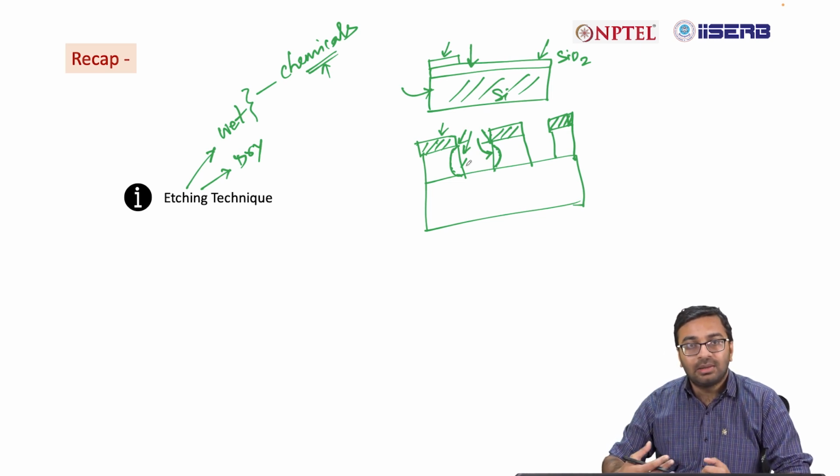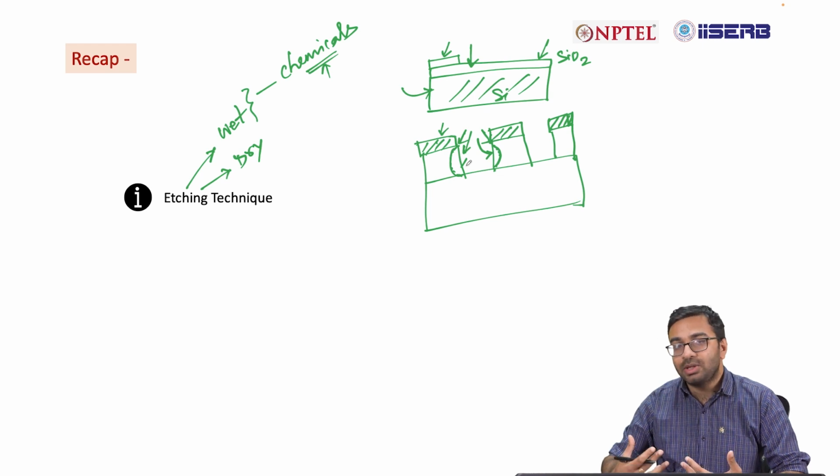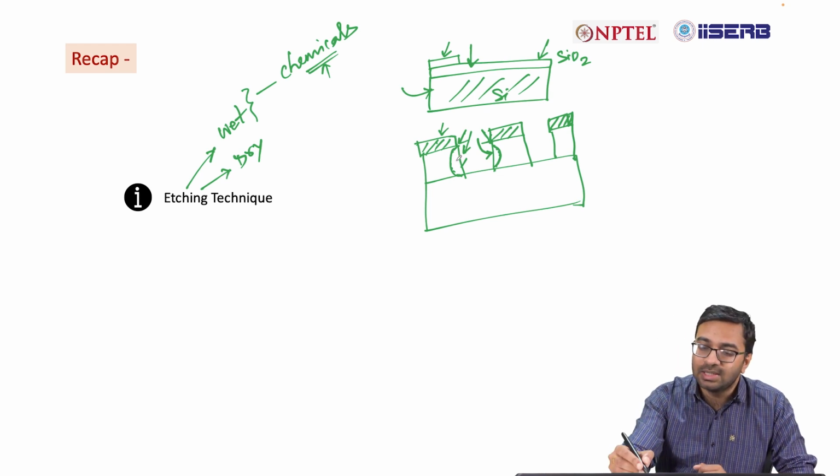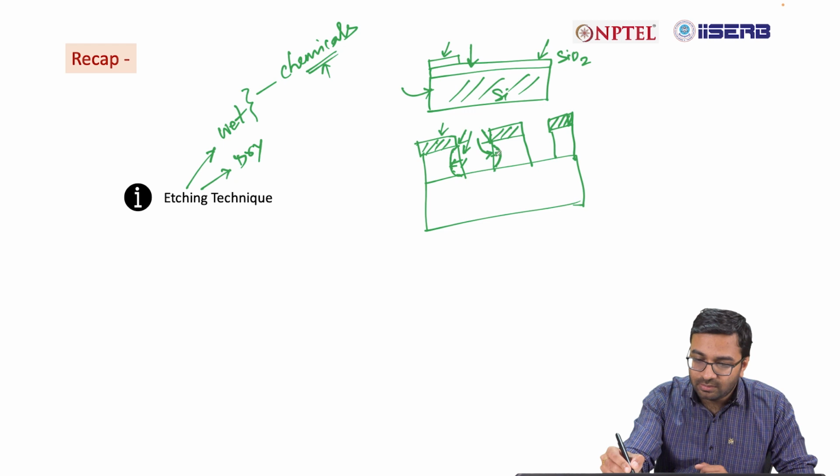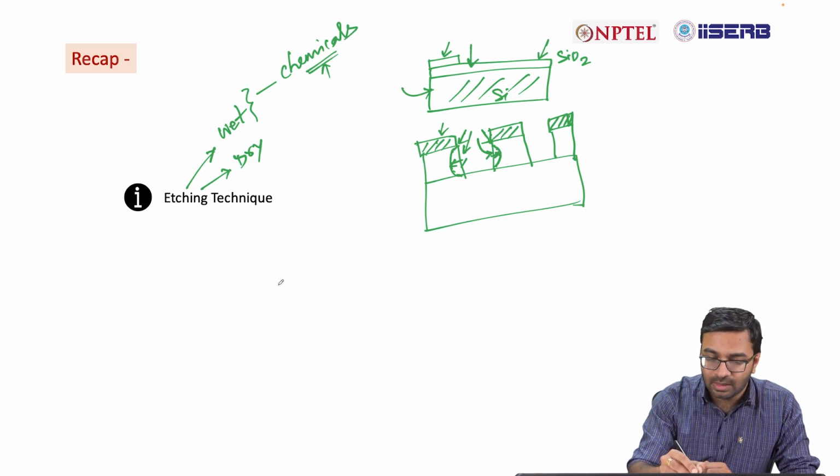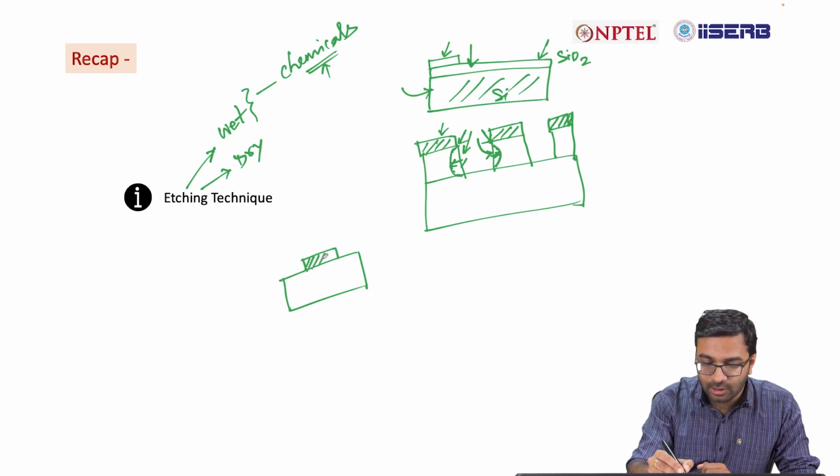However, we need the process to be anisotropic, because usually when you design, you don't consider the undercuts. For example, if you design a MOSFET, and this is the gate oxide, you want the gate oxide to be sharp on the edges, that is, very straight.